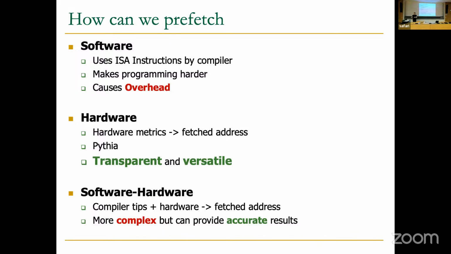So to say, a tip would be, this is an array. And then you can be like, okay, they're all linearly spaced, or this is a random access, then maybe you're not gonna just prefetch at all. And this is more complex because you need to have basically the hardware prefetcher side, and you then need to make the compiler give some tips, but it can provide more accurate results.